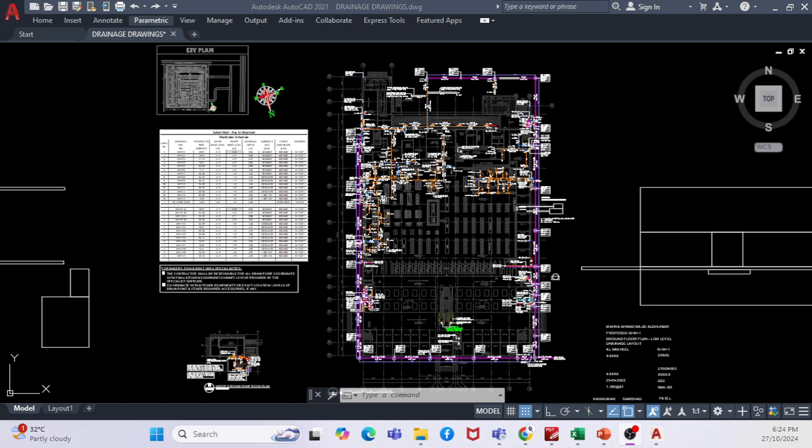Then you will try to go by the shortest path, right? You will not choose the longest path. If you choose the longest path, then because of the invert level, you cannot reach some of the areas, you cannot reach the false ceiling level. So you have to find the shortest path to reach the nearest shaft. Whenever we are with a consultant, we try to find out where the nearest shaft is. Where possible, we will try to place the shaft inside the toilet itself.